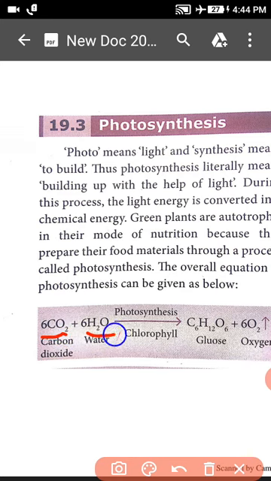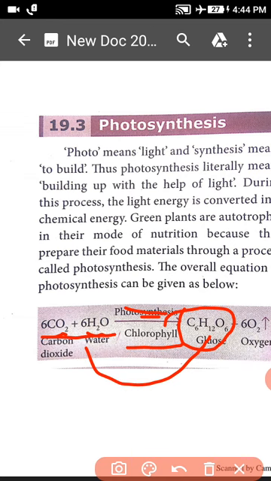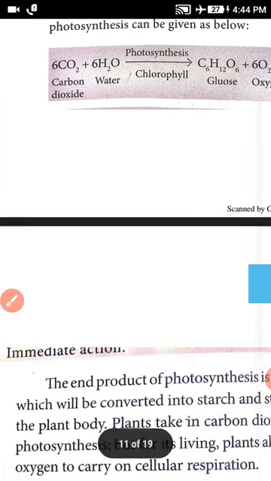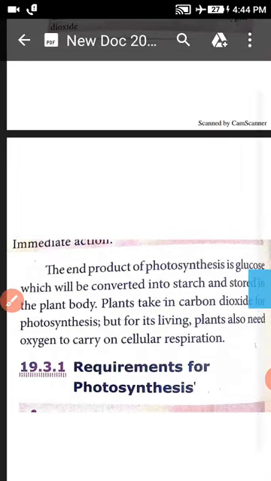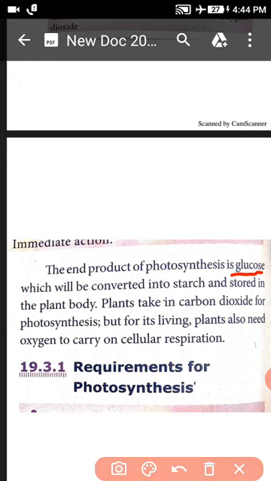Next, what is the reaction? Carbon dioxide and water are converted into carbohydrate or glucose with the help of chlorophyll and sunlight. This is called photosynthesis. Next, the end product of photosynthesis is glucose, which is converted into starch and stored in the plant body.